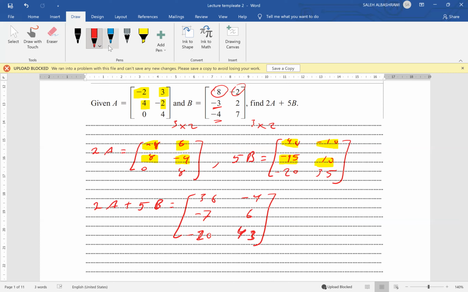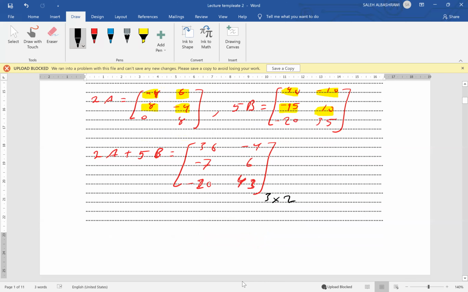So we multiplied the two matrices A and B by the scalars 2 and 5, then we added 2A plus 5B, which gives this matrix of size 3 by 2. So this is the idea of scalar product.